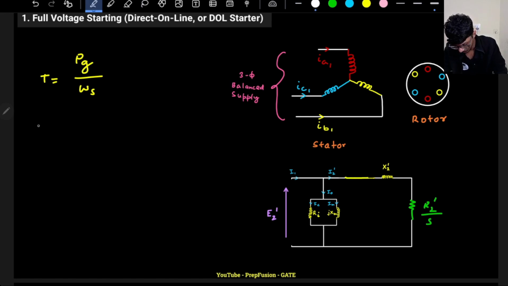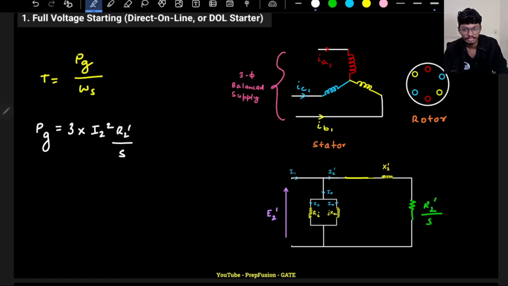So what will be the air gap power? The 3-phase air gap power will be 3 into I2 square into R2 dash divided by S. That is what my air gap power is equal to, right?